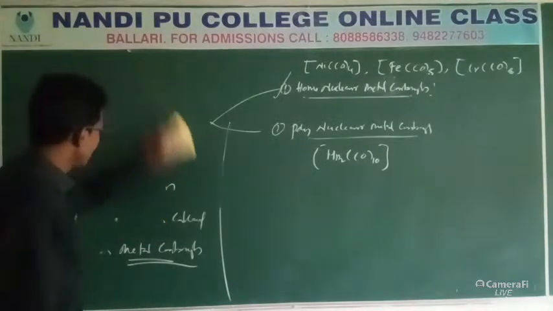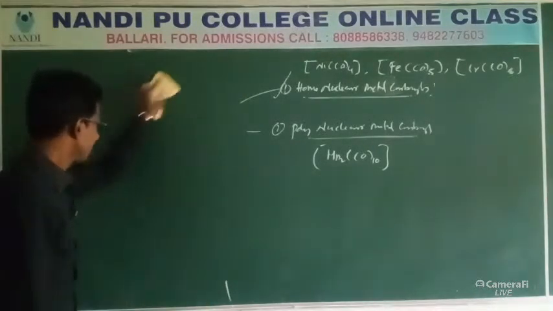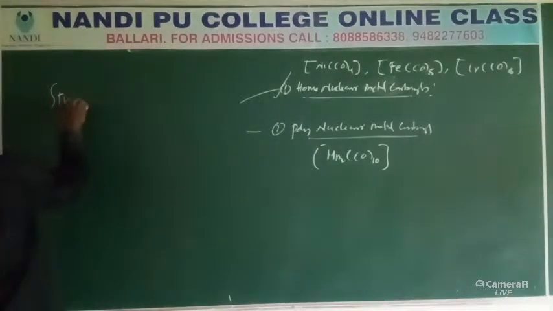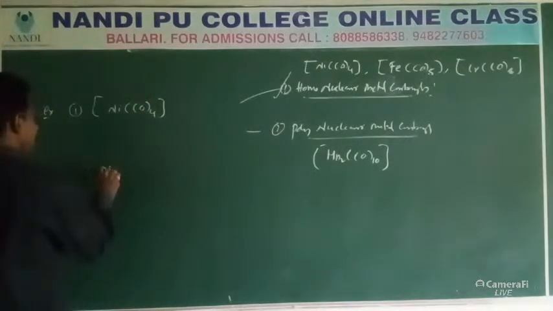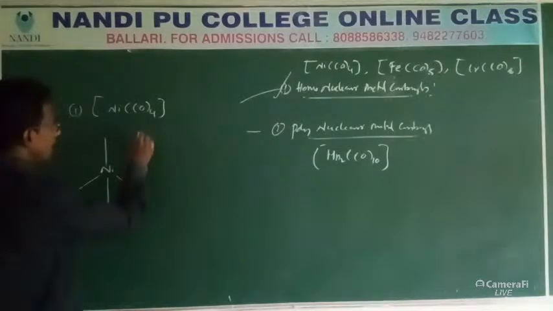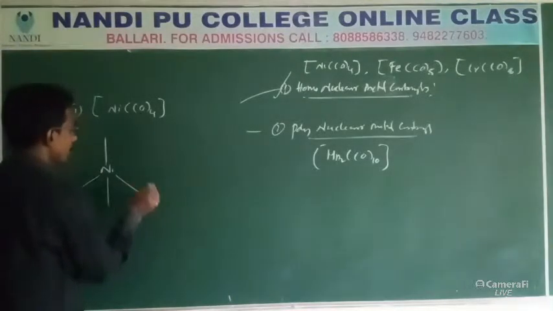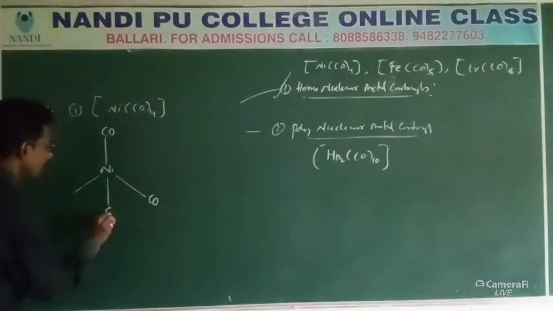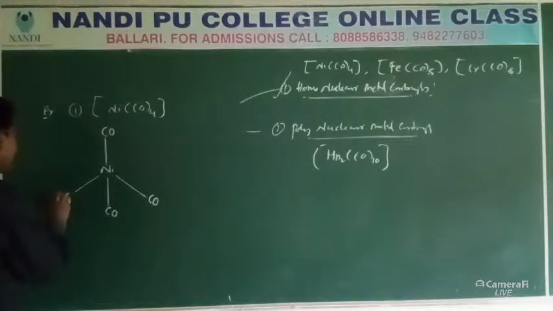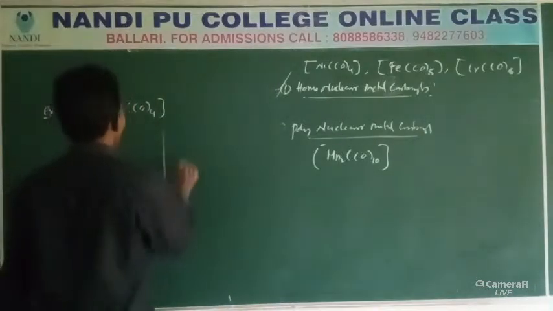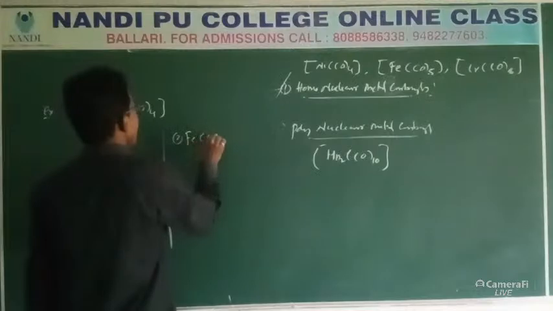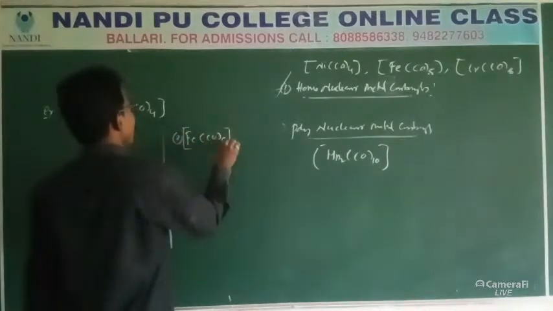Now I will give structures of metal carbonyls, or examples directly. What is the first example, children? Ni(CO)4. Nickel, how many ligands? 1, 2, 3, 4. Central atom nickel. How many COs? Carbon monoxide. This is one carbonyl group, second, third, and this is fourth. This is tetrahedral. Okay children, next Fe(CO)5.